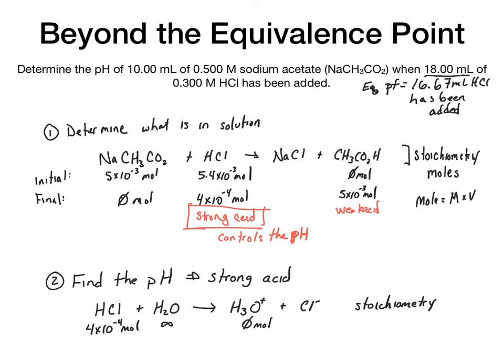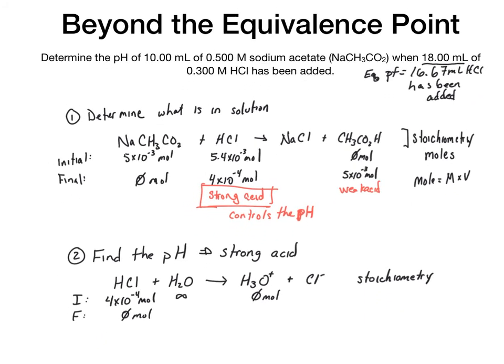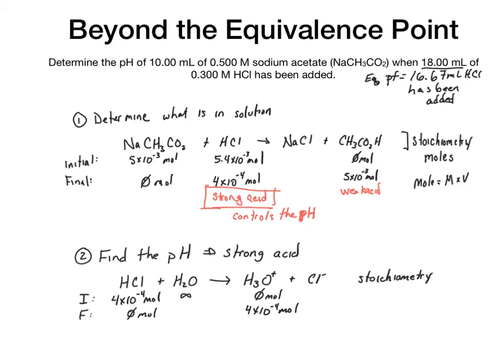This is my initial, this is my final: all of my HCl reacts to form H3O plus. And so this is 4 times 10 to the minus 4 moles of H3O plus.